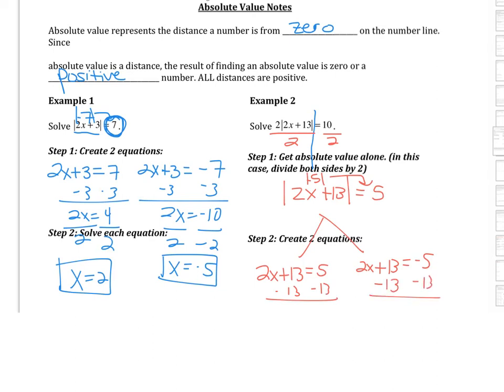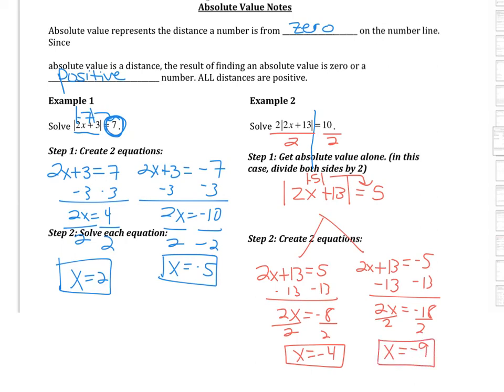If it's not the same solution steps, stop and check you've done something wrong. And so we get that x could equal negative 4, or x could equal negative 9. And that's how we go about solving absolute value equations.